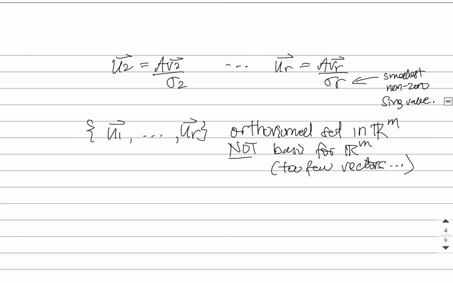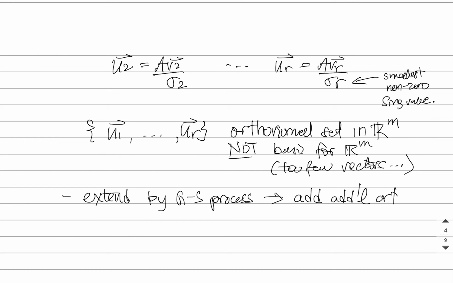But that's not a big deal. We can extend by using the Gram-Schmidt process, and we can add additional vectors, and they'll all be orthogonal to create a basis for Rm.